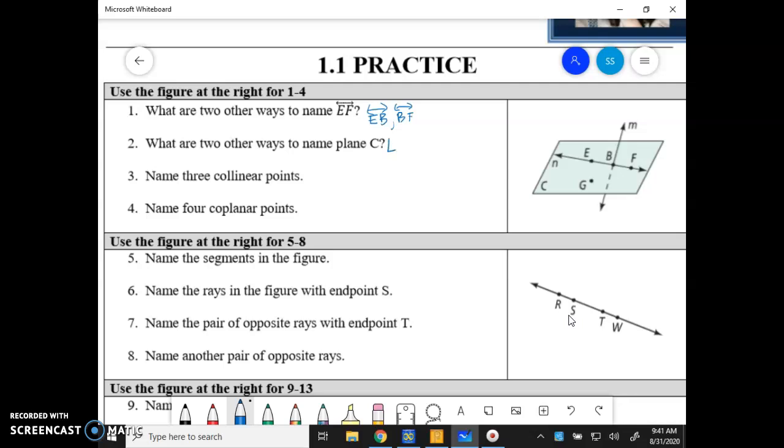So I always just make a little box to show that it's a plane, and I'm just going to do E, G, B. I don't know why I did a small case E. Let me just change that. E, B, G, or we could do, how about we do B, G, F.